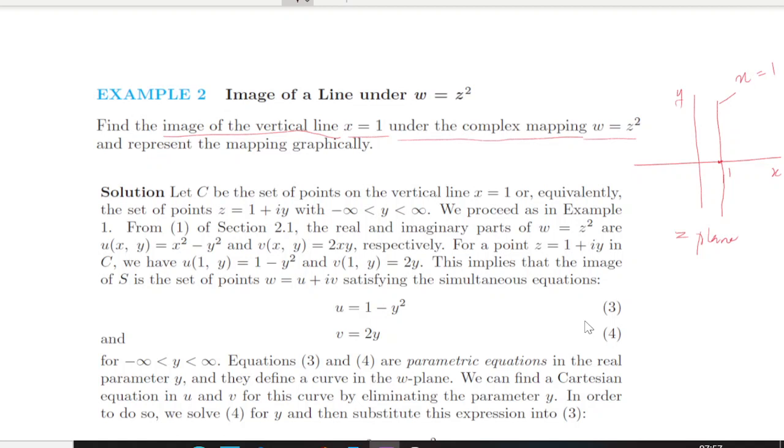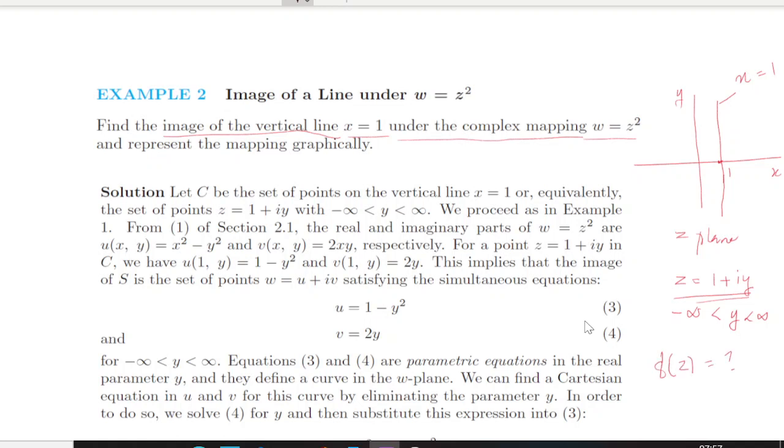x equal to 1 means we can have z as 1 plus iy, where y can be any real number, so minus infinity less than y less than infinity. So this is our required z. Now we want to find f of z.